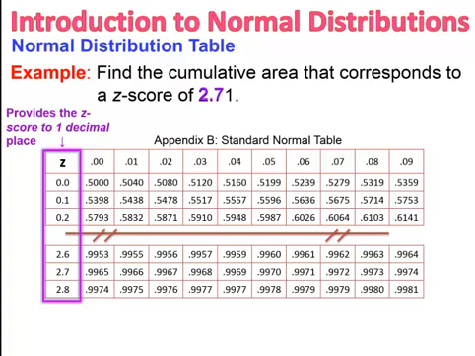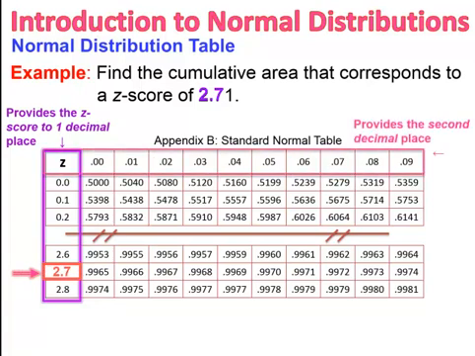And then you're going to look down that column until you find that value. And then you're going to go across the row at the top until you get to the hundredth decimal spot of that z-score. So in this case, the hundredth spot is that 1, so we're looking at 0.01, and then you're going to find where they intersect.